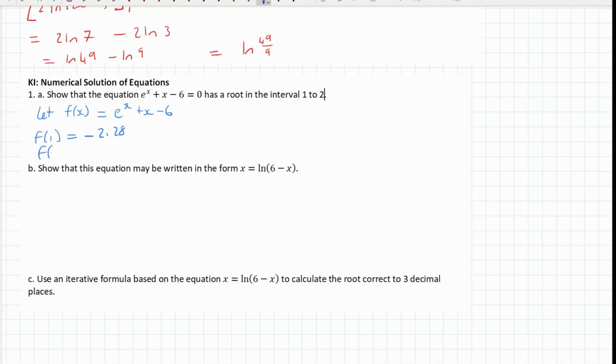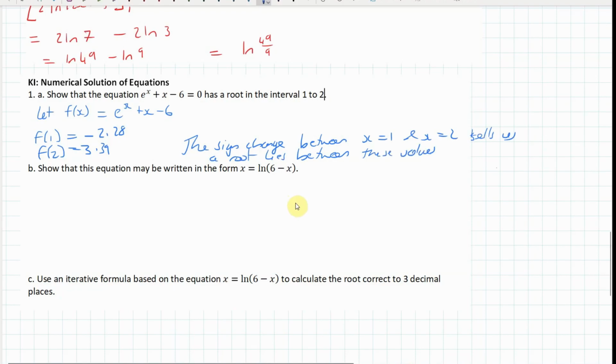And then when we pop in a 2 to this function, we get 3.39. The sign change between x equals 1 and x equals 2 tells us a root lies between these values.